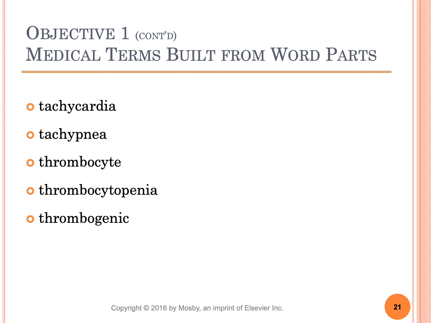Thrombogenic. Thrombogenic means pertaining to the development of more thrombocytes. Thrombogenic can also be the development of a blood clot, or propensity to develop a blood clot.